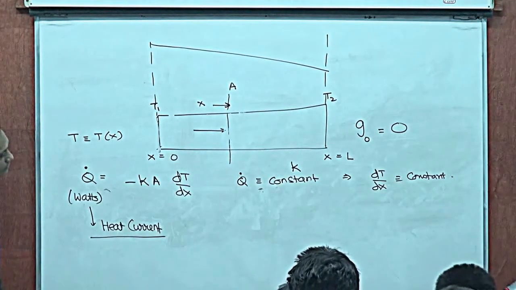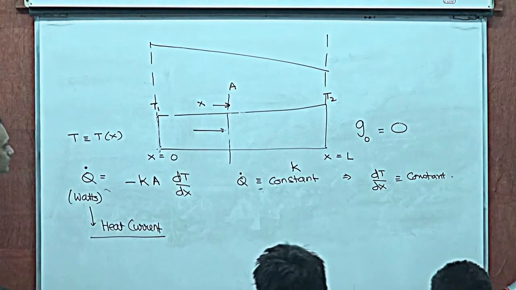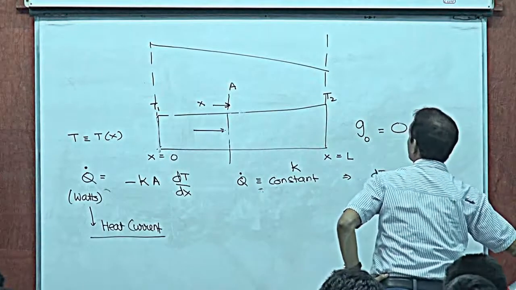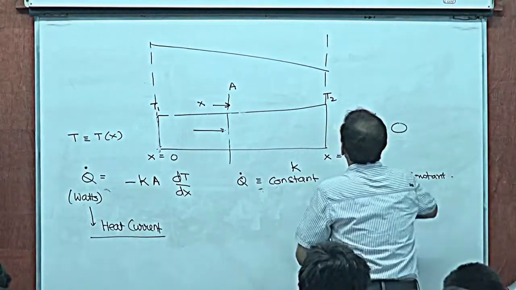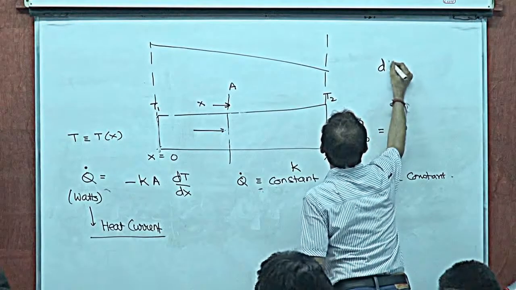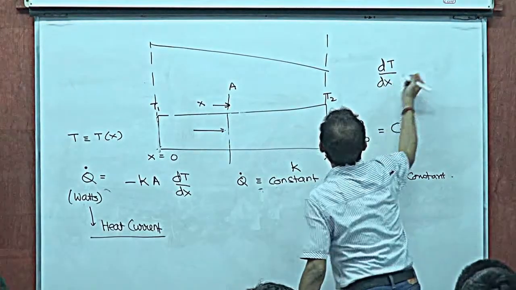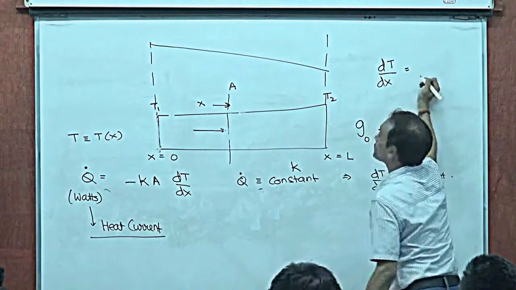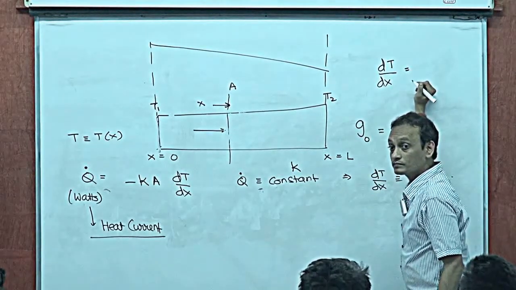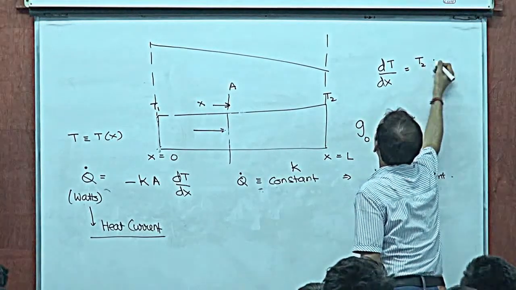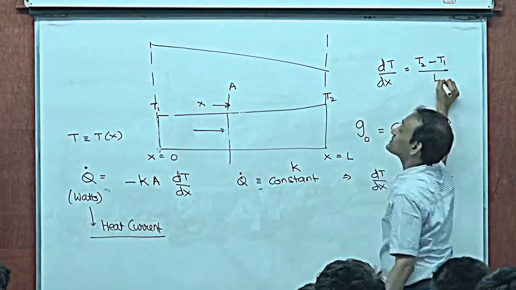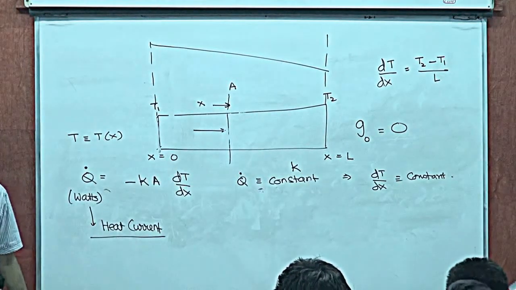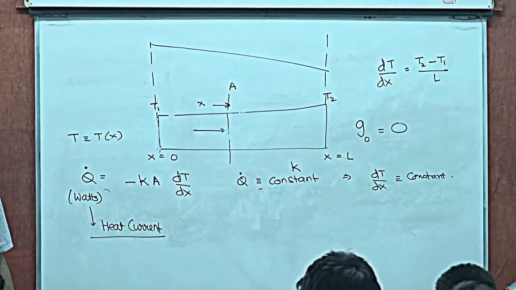Now, what we could then imagine is that the dT/dx for this is what? What's the slope of this? T2 minus T1 by L, isn't it? T2 minus T1 by L, which is a negative number. That's the slope of this, right?